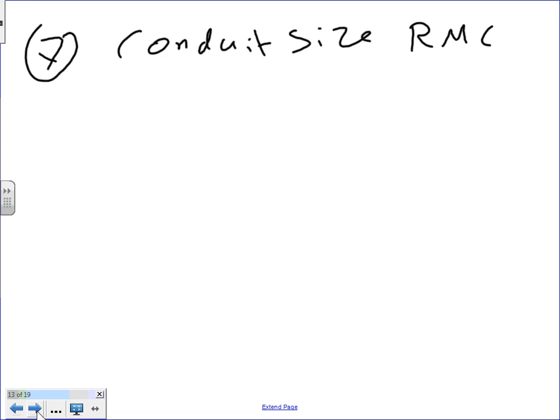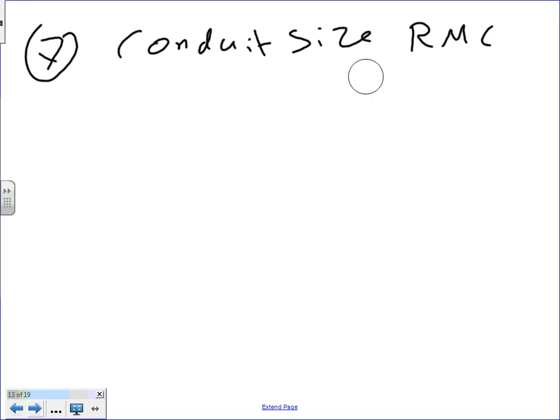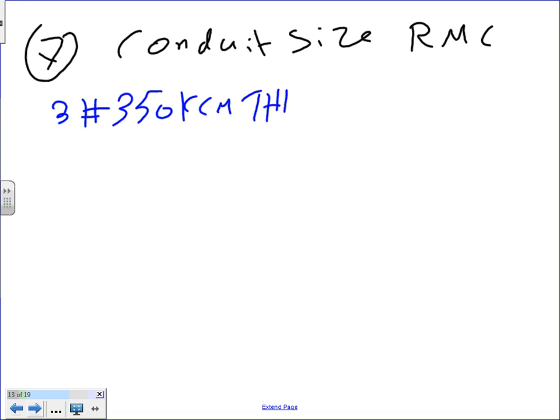For rigid, I have 3 conductors, number 350 kcm THHN. Take this one to Chapter 9.